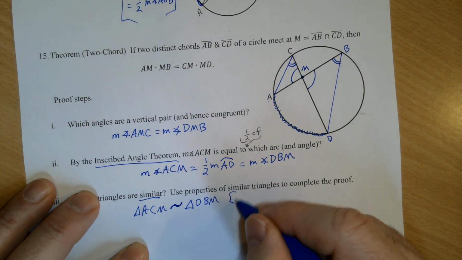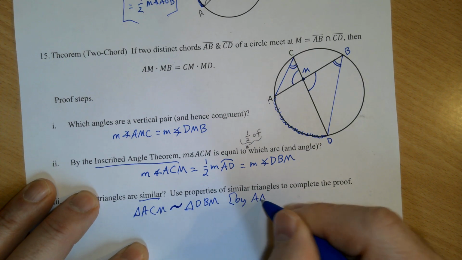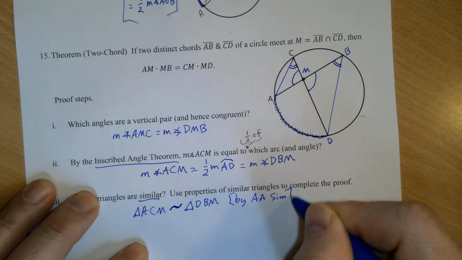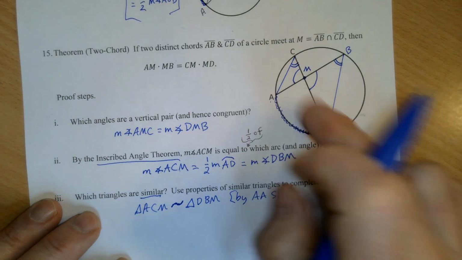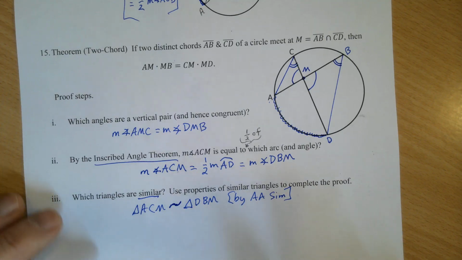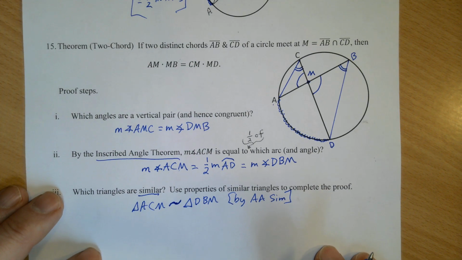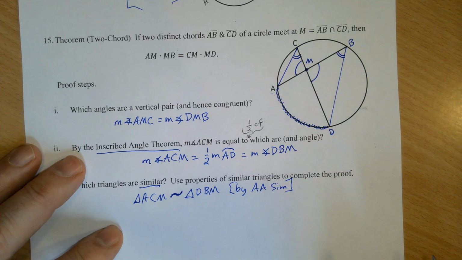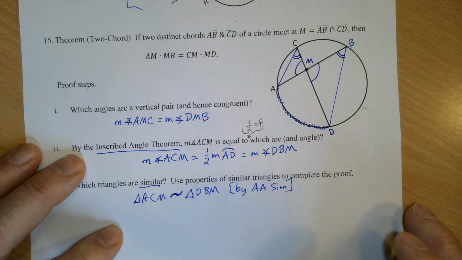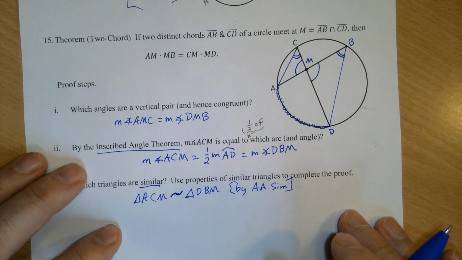I'll say the reason is angle-angle similarity of triangles. Because that also means the third angle pair would also be a congruent pair of angles. Okay, when you have 2 similar triangles, we know corresponding parts are not congruent, but they are proportional.